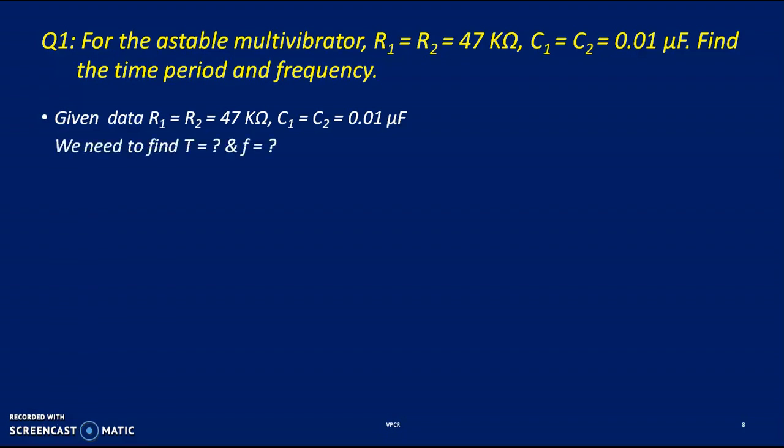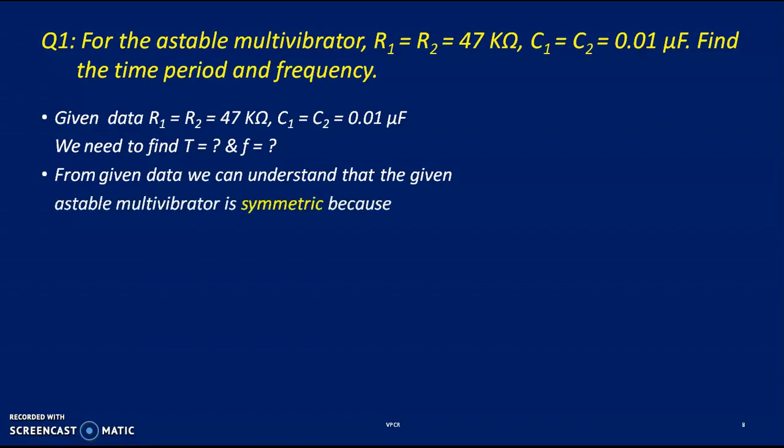We need to find the time period capital T and the frequency. From the given data, we can understand that the given astable multivibrator is symmetric, because both R1 and R2 have the same value. Similarly, both C1 and C2 have the same value. That means R1 R2 equal to R and C1 C2 equal to C. That is the reason the given astable multivibrator is a symmetric astable multivibrator.